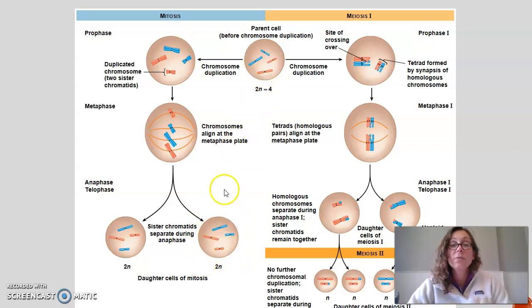So in mitosis, you're producing identical copies. In meiosis, look at this parent cell compared to your daughter cells. You can see that you have half the amount of genetic info in each of these haploid cells that you did in the parent cell, right? So we've halved the amount of genetic info. These are haploid, whereas the parent cell was diploid.